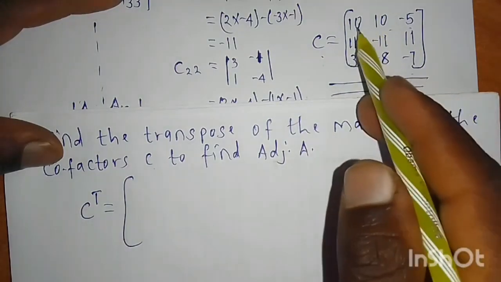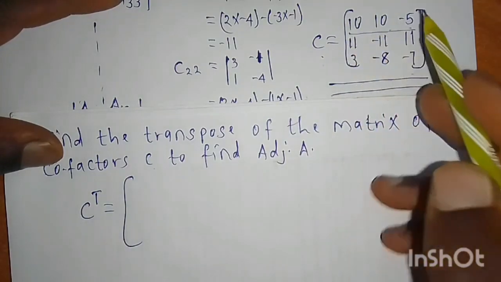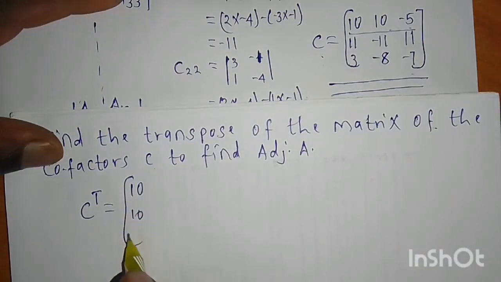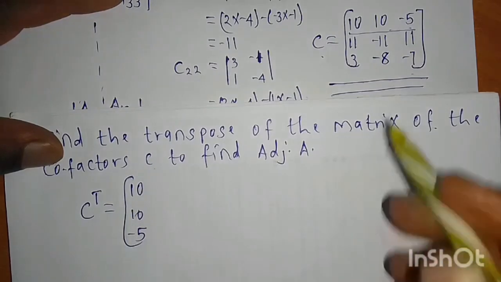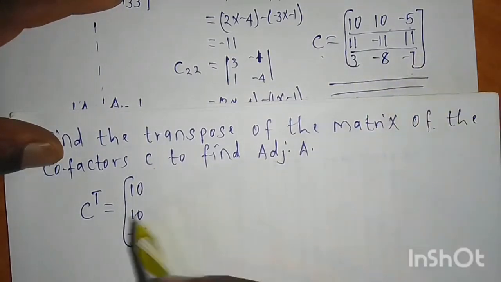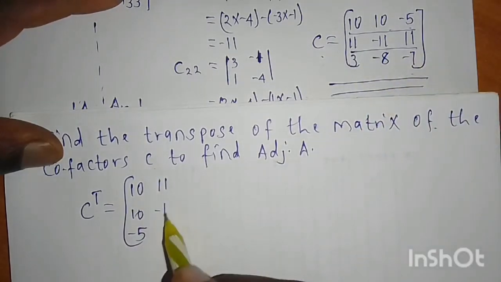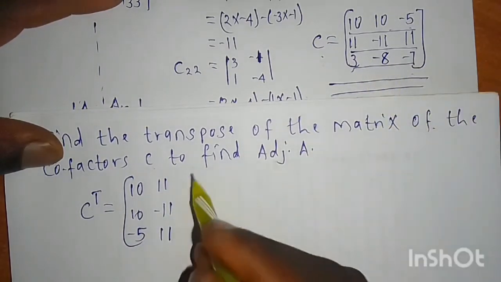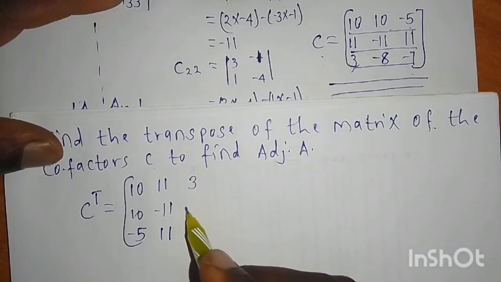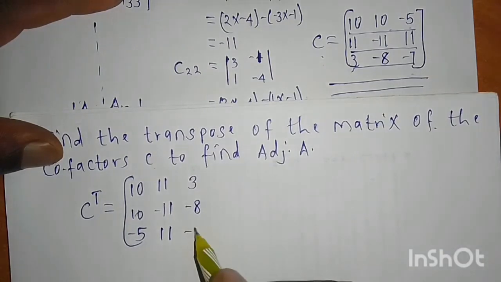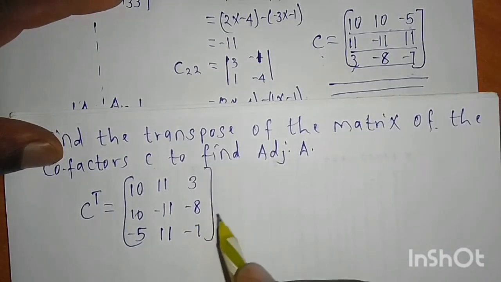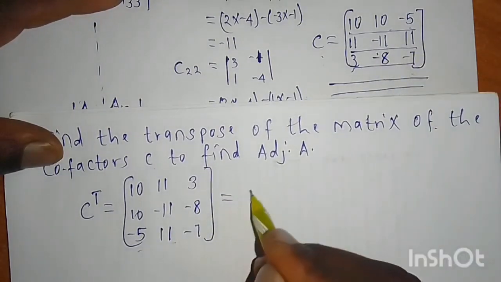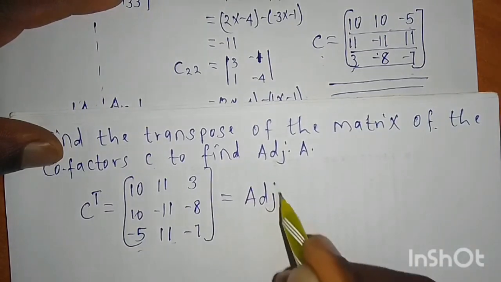So these elements become the elements of column 1. Then we take these elements to be the elements of column 2. These elements will be the elements of column 3. So this is the transpose of this matrix, and this is now our adjoint of matrix A.